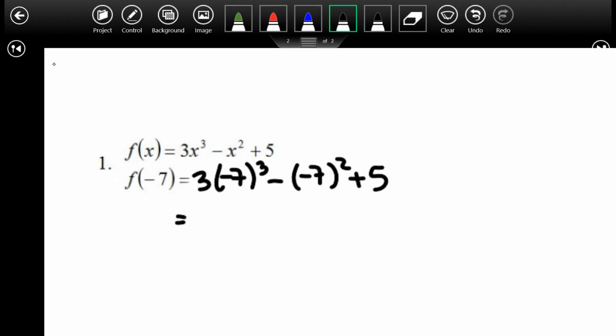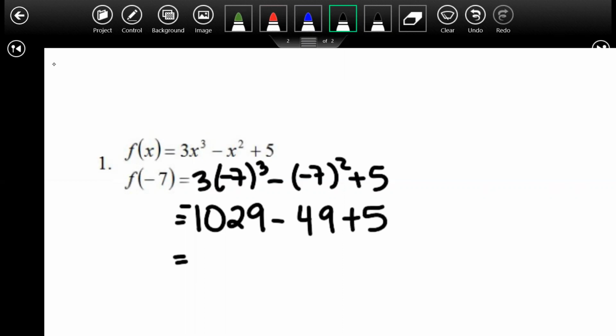What do we get? $1,029 minus 49 plus 5. When we simplify this out, we're going to get what?